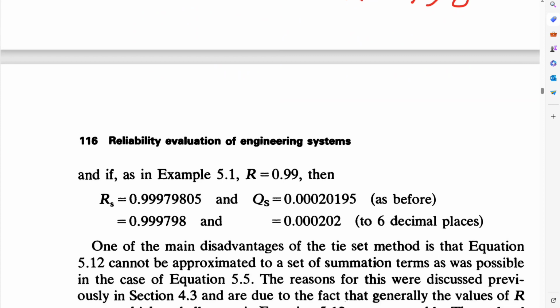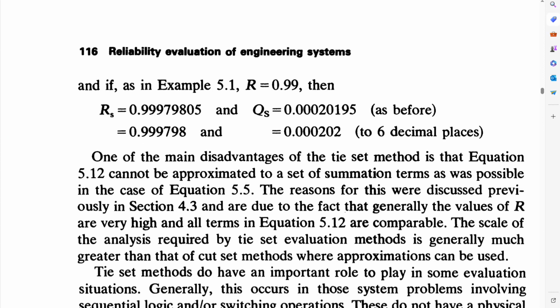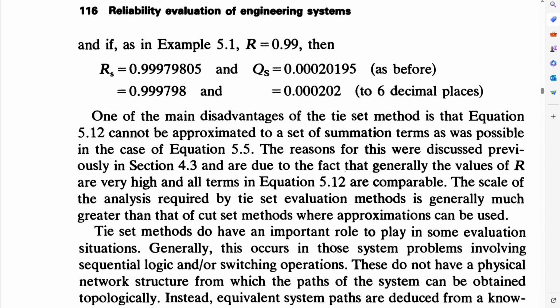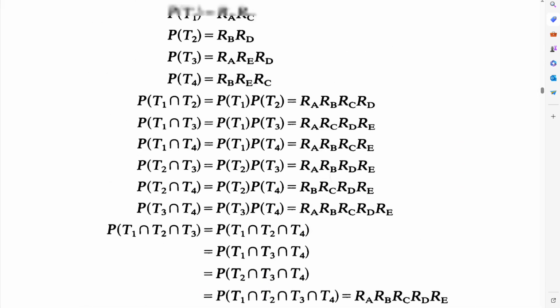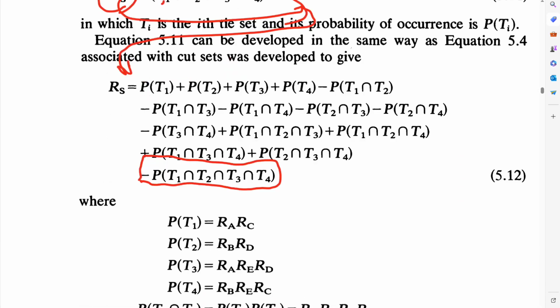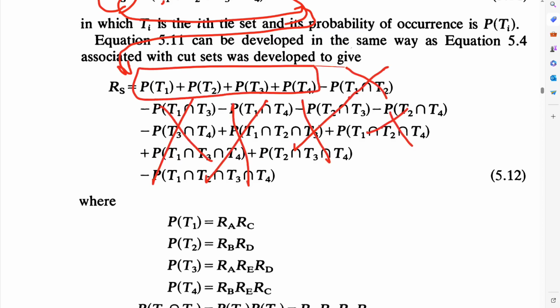The difference between the tie set method and the cut set method is that in the tie set method, we cannot use approximation in the evaluation. Why not? Because if we use approximation, we omit these parts and only calculate P(T1) plus P(T2) plus P(T3) plus P(T4).